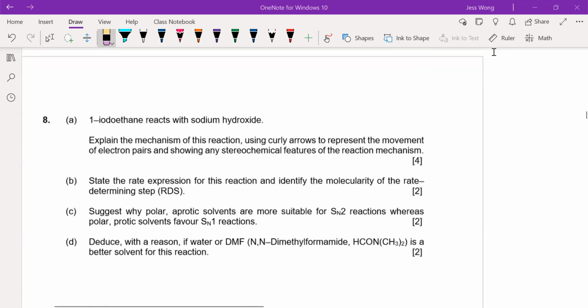Next, question 8. 1-iodoethane reacts with sodium hydroxide. Explain the mechanism. So again, we need to know whether it's SN1 or SN2. If you draw the structure, iodoethane is a primary halogenoalkane, so it is an SN2 reaction.